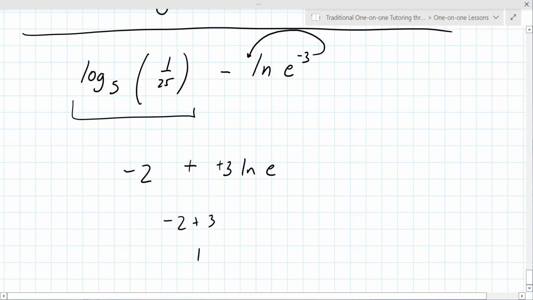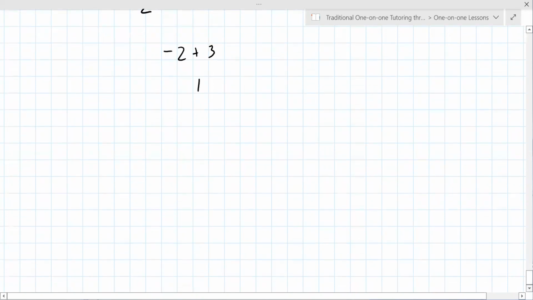Okay, let's try another one here. Let's go natural log of the square root of e minus log base 2 of 1/4.